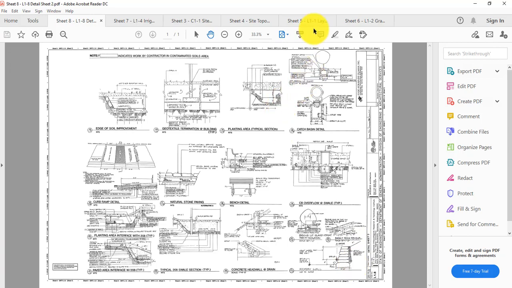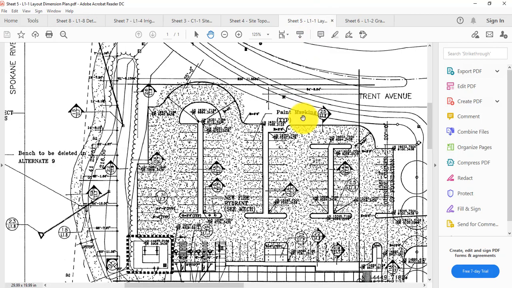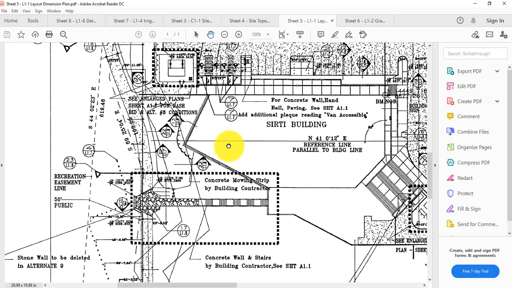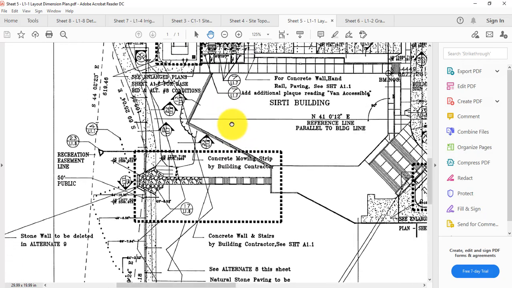So if we look at the plan, whatever the plan is, you'll see that these section cuts go through and show you what you're seeing in an enlarged section. So this is 23 on L1.8.